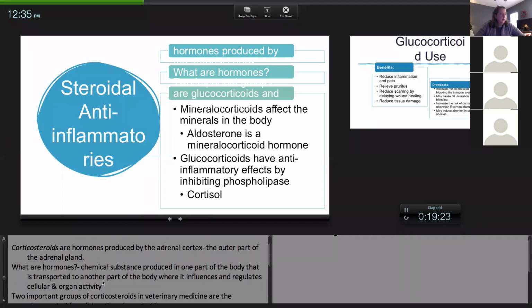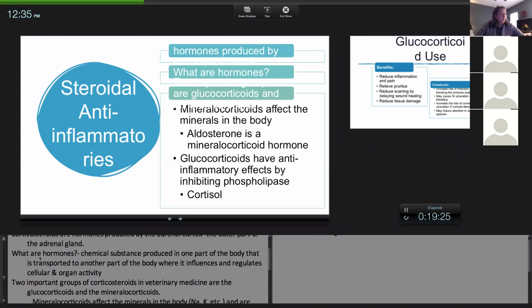So if we go down here, a little endocrine review: a hormone is a chemical messenger, and it's signaling something to happen in the body. It's mediating an effect of something. So it's going to another part of the body to regulate organ activity.